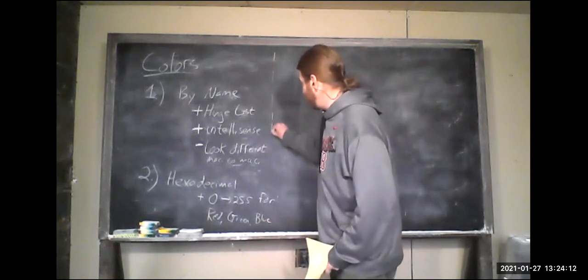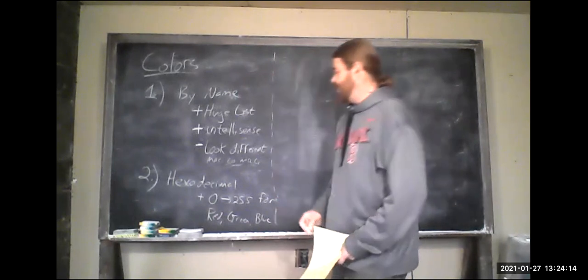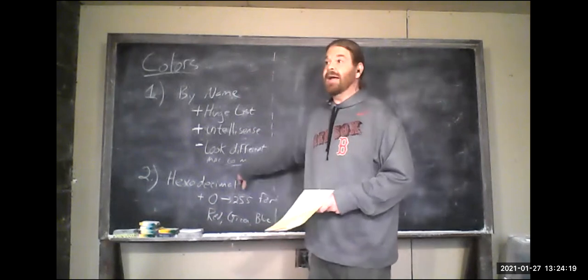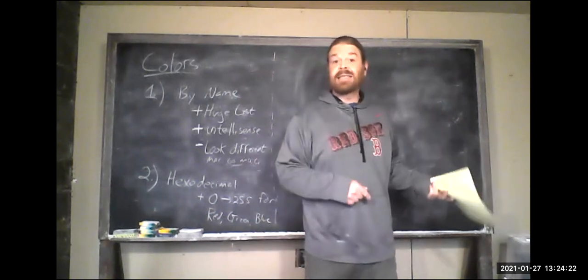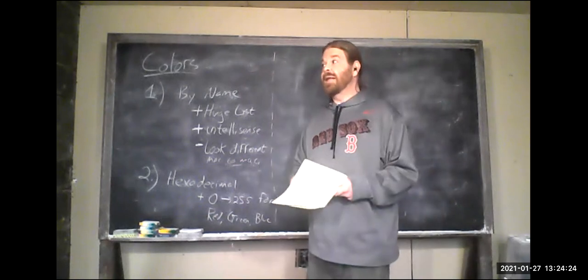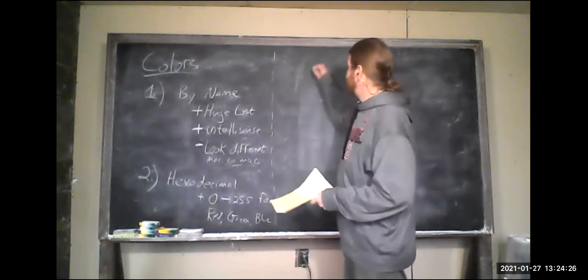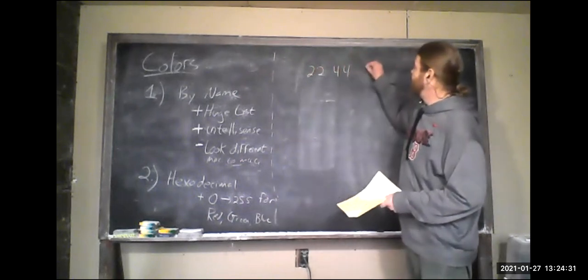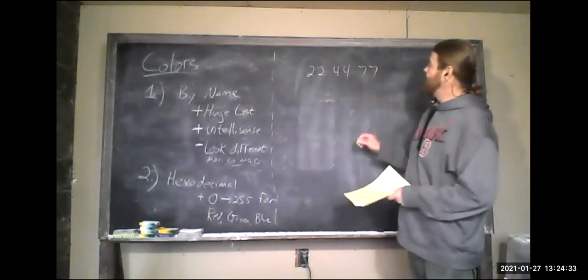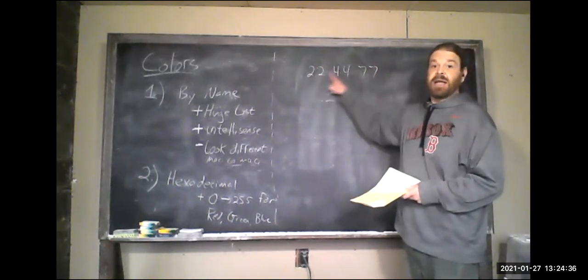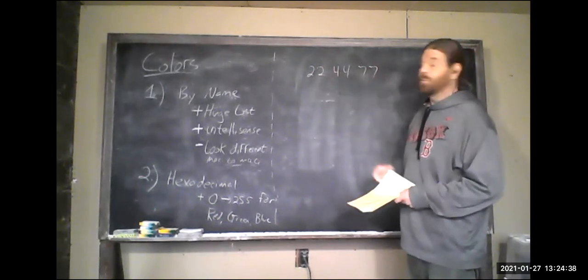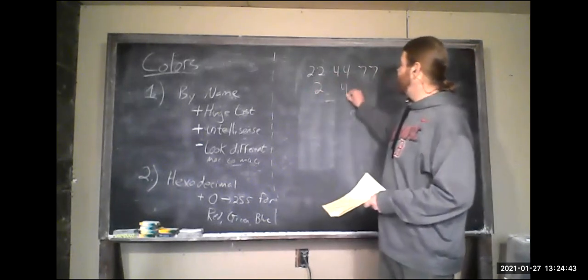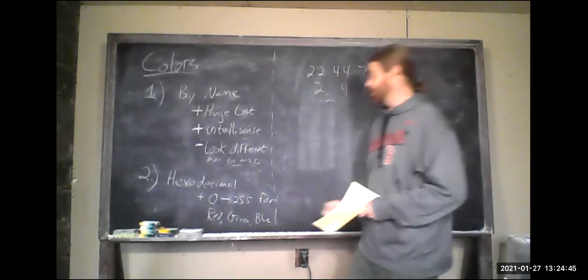Which I will quickly make a note of. It might be a little bit confusing, but you can also use one digit for each. If you do the hash and then 3 hex digits, say we had a color like 224477, where both red digits are the same, both green digits are the same, and both blue digits are the same, then we could just do it with 3 digits if they're going to be the same.